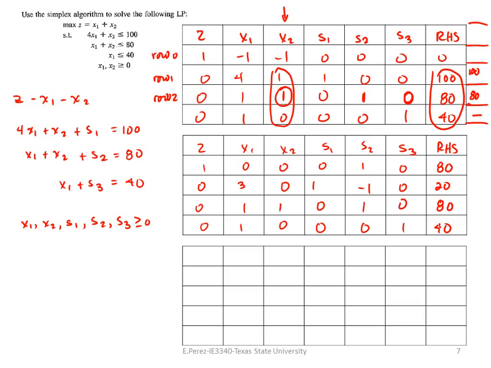And that's it. We found the optimal solution after one iteration because there's no negative values in the first row. So the optimal solution: z equals 80, x1 equals 0, x2 equals 80, s1 and s2 equal 0, and s3 equals 40.